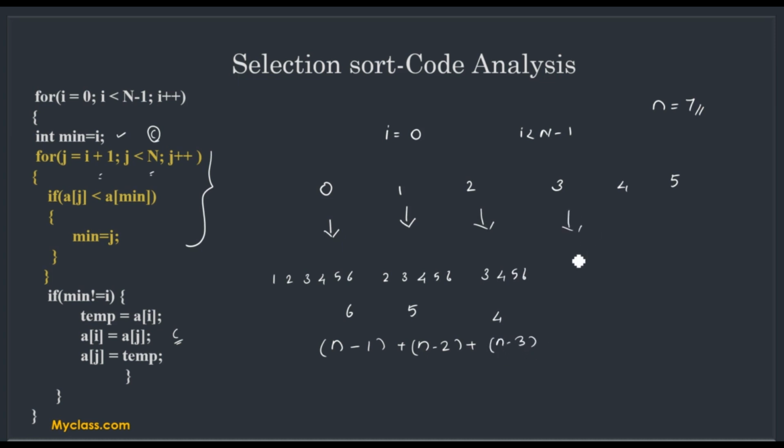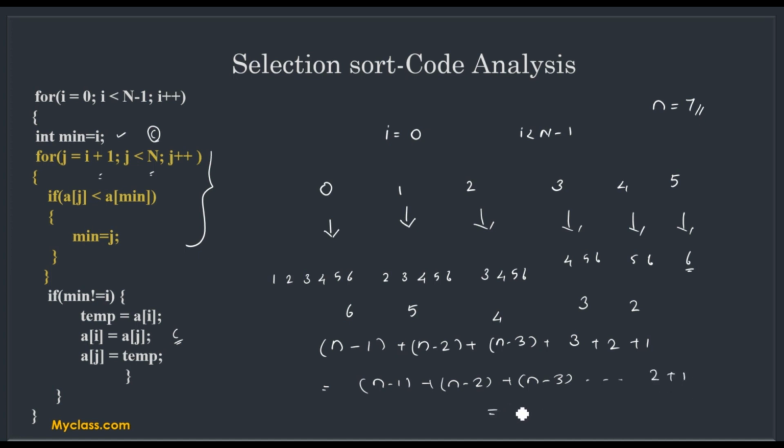Then 4, 5 and 6, 3 times, then 5 and 6, 2 times, plus 1 time working up to 6. So we can generalize it as n minus 1 plus n minus 2 plus n minus 3 up to 2 plus 1.